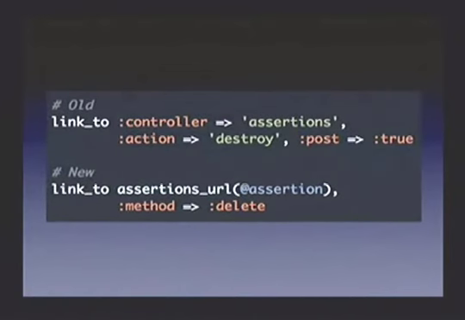So in the old way, if we've got an assertions controller, this is from an app I'm working on that I'll show off at some point, we link to our assertions controller with the action destroy, and we want to post to it because get shouldn't be hurting things. So we say post is true. But in the new sense, if you're mapping the resources, then you can say link to the assertions URL, passing in the assertion we're working with, or optionally you can say ID points to 1 or something like that.